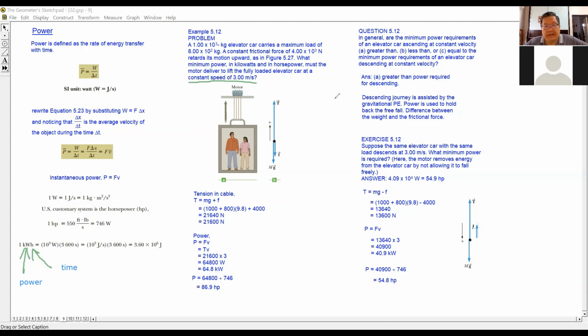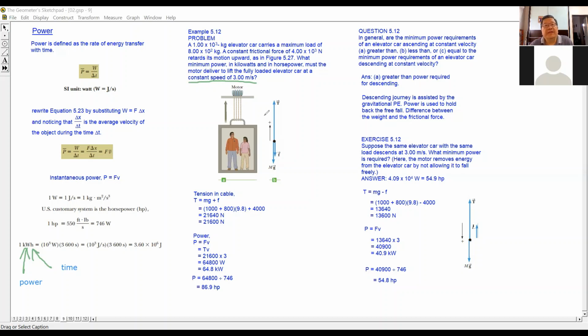If there is no net force, that means the forces balance one another. So before we calculate the power, we have to look at the forces acting.